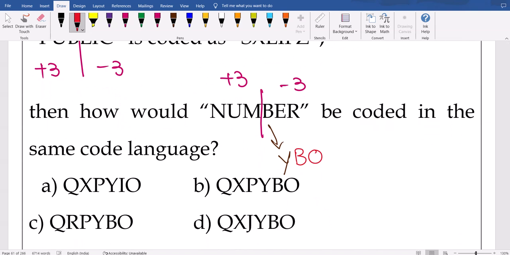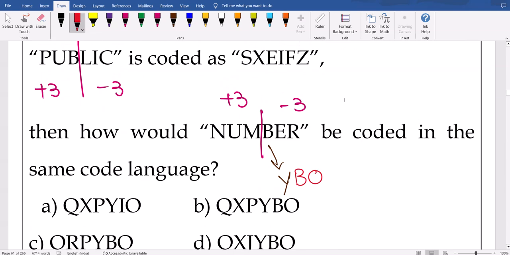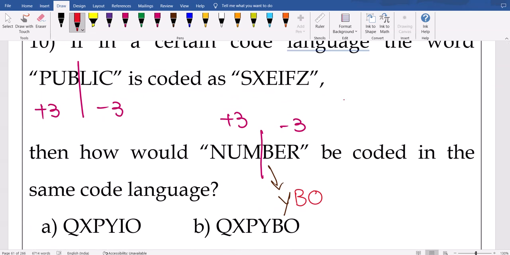If you apply plus 3 for the first 3, 14 plus 3, we get Q, then X, then we get P. So QXP, YBO is available in option B. Option B is perfectly suitable. For the first three letters plus 3 logic, for the last three letters minus 3 logic is what we need to apply. So Q, X, P, Y, B, O is the correct one.